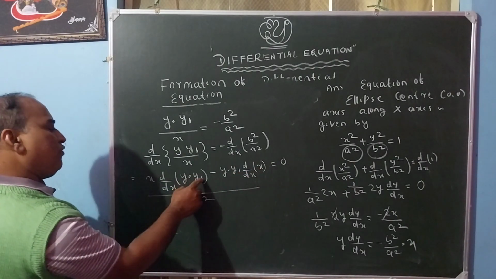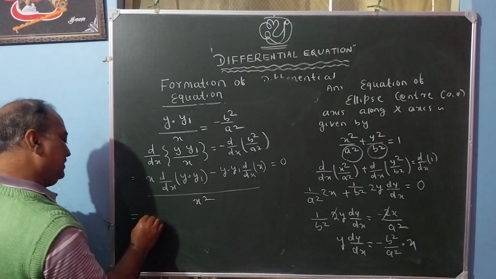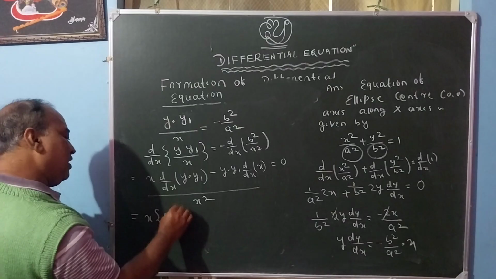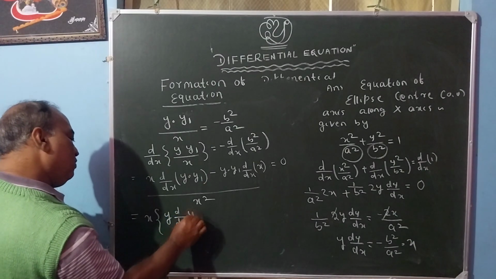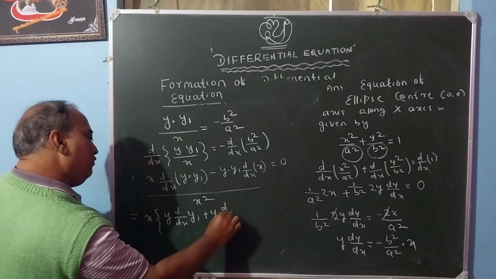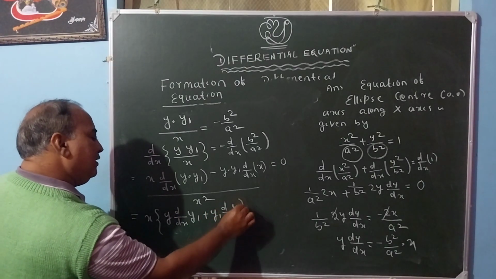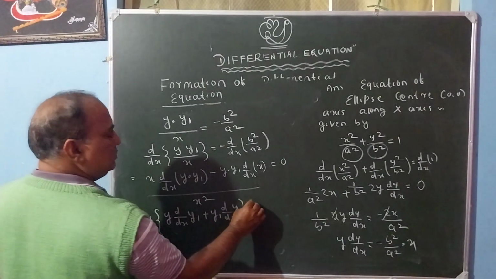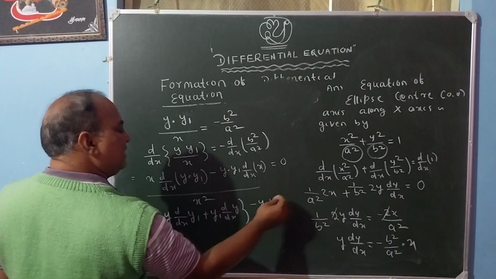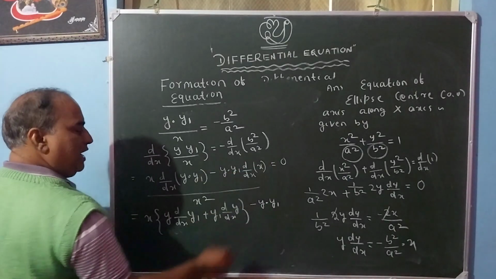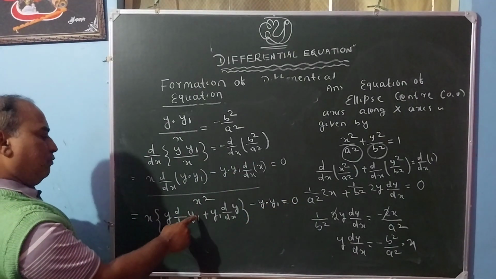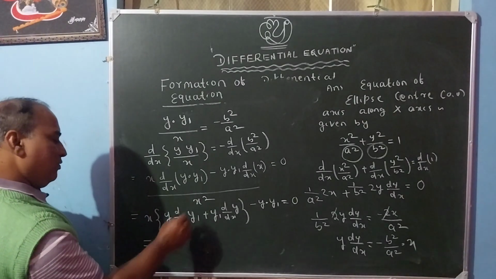Here it is 0 divided by x square. So now we apply the product formula: x times d/dx of (y y1), that is y d/dx of y1 plus y1 d/dx of y, minus y into y1 times the derivative of x, which is 1. x square multiplied there, we get 0. So now d/dx of y1 is y2.